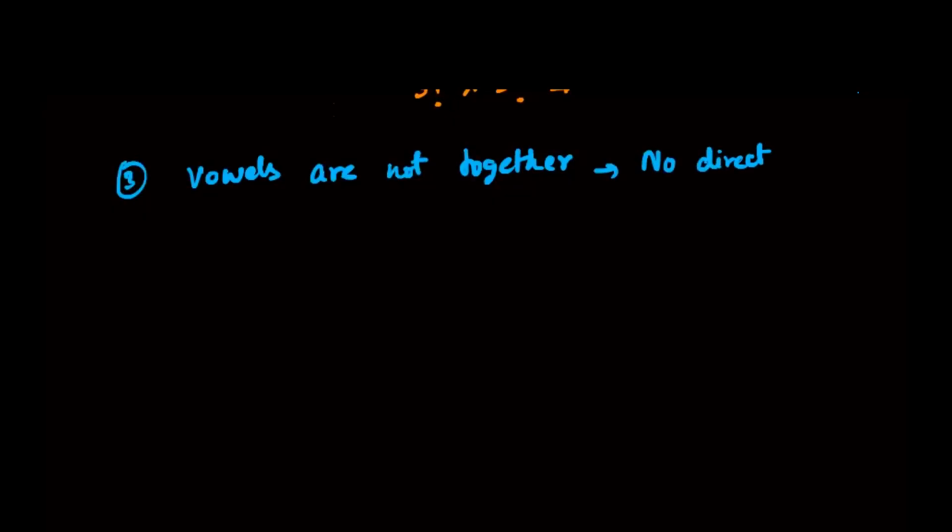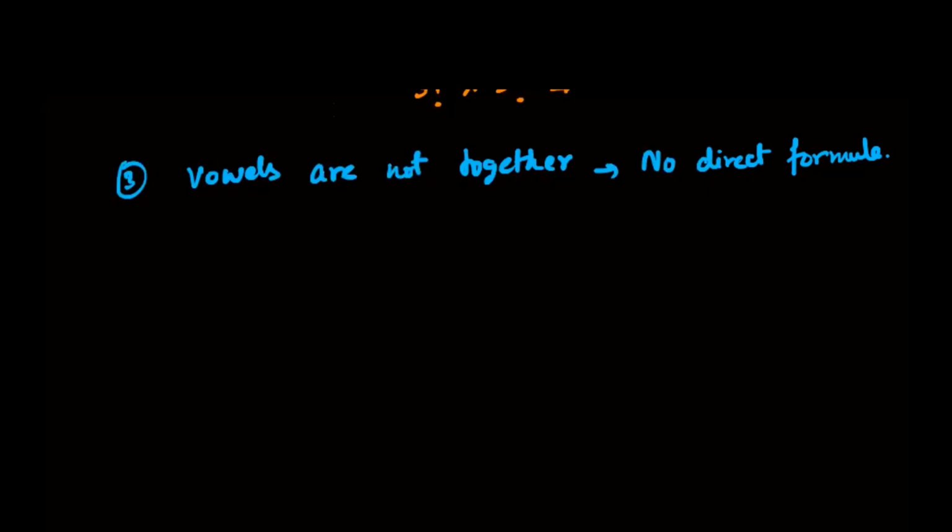Perfect. Now what happens over here is, let's say vowels are not together, the third condition. We don't have any formula here. There is no direct formula to find if vowels are not together. So what is the key concept over here?